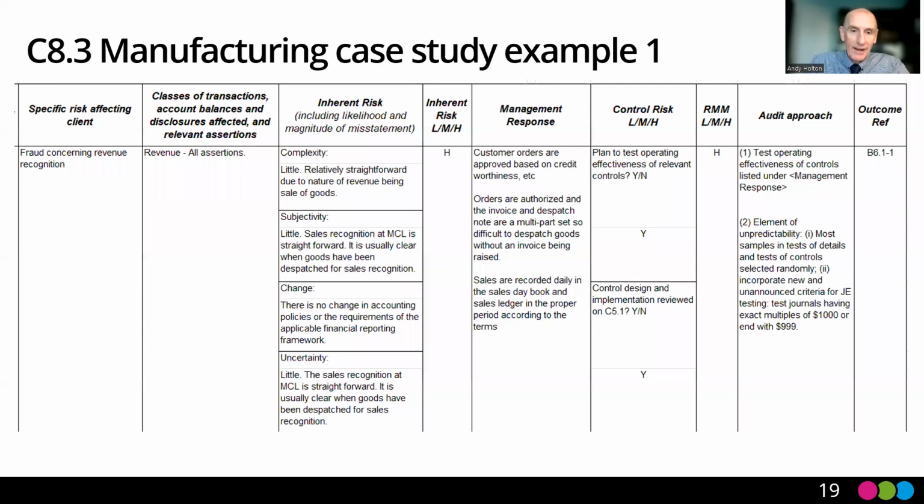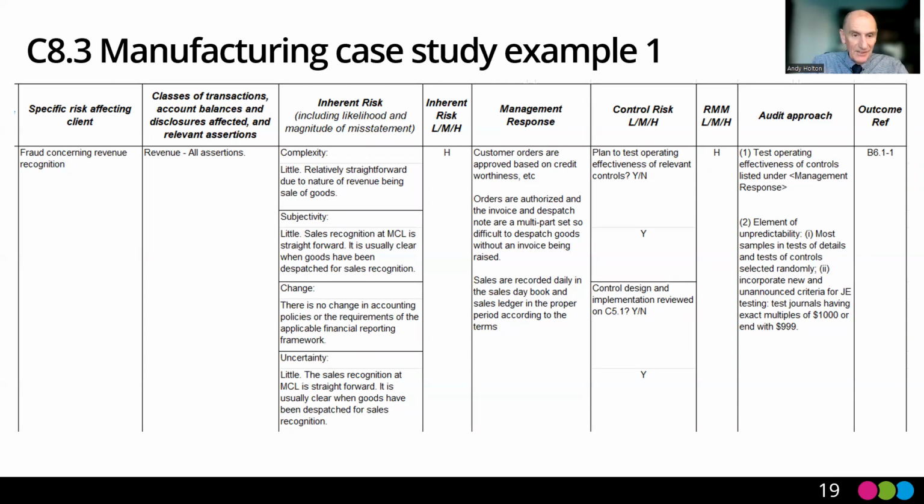So looking at how this feeds into an example, this is taken from the manufacturing case study. This is fraud concerning revenue recognition, and this affects all assertions related to revenue. The nature of this example is it doesn't fit comfortably on one slide, so you can see that the management bias element of inherent risk will be dealt with on the next slide.